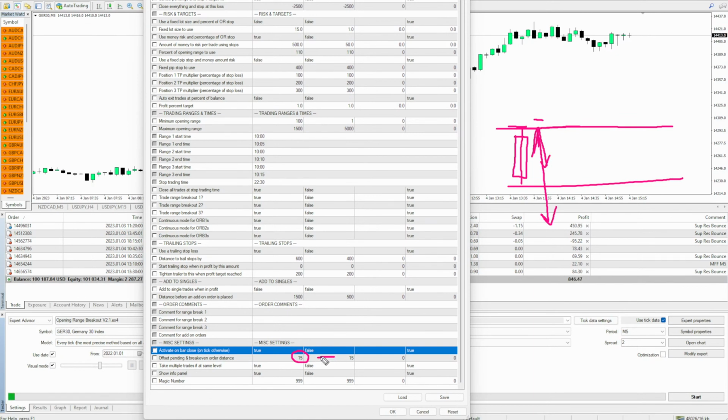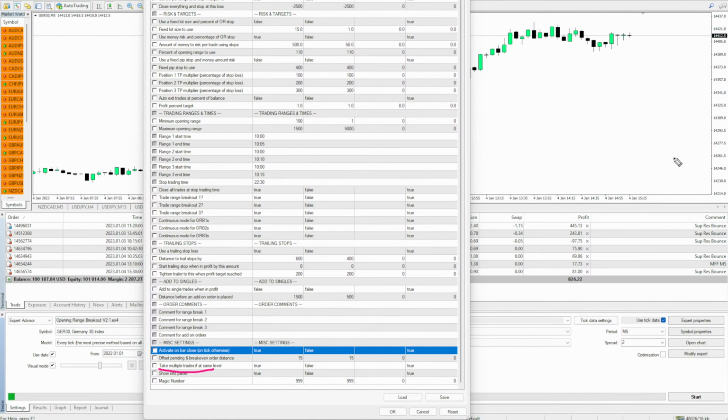I just make sure that is bigger than the spread by my broker. My broker's typical maximum spread is 1, or 10 in this case, so I'm offsetting it by half a pip above their maximum spread. So if we get a double top, the spread will be there, my entry will be here.